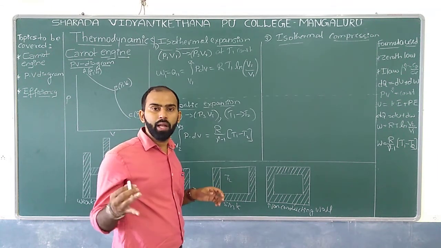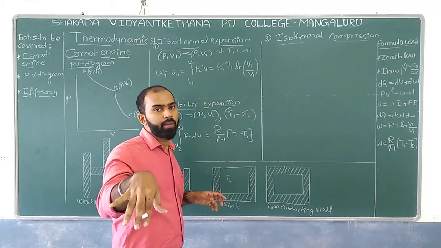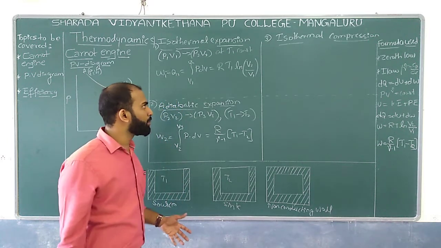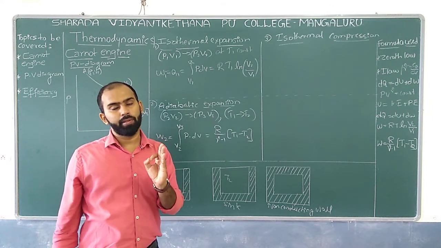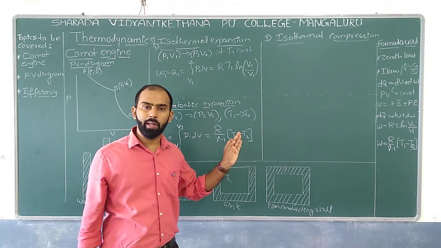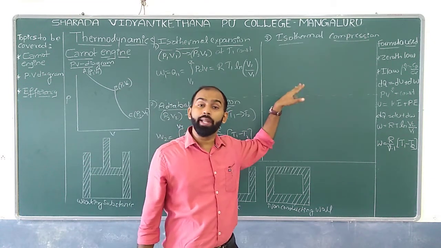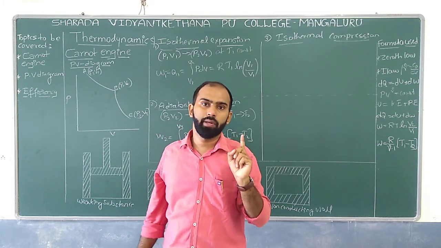Obviously, work is done on the system, which means work done is going to be negative according to our sign convention. Okay? And one more thing, since it is isothermal compression, temperature remains constant. Remember this particular point. Whenever we have an isothermal process, its temperature remains constant. Whenever we have an adiabatic process, its heat remains constant.